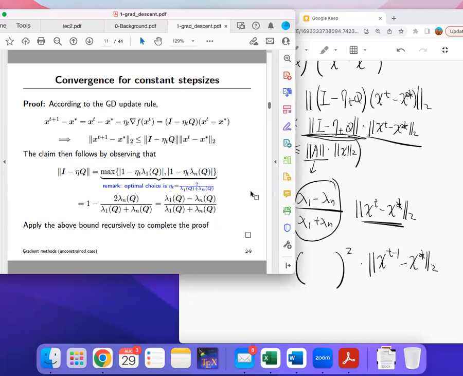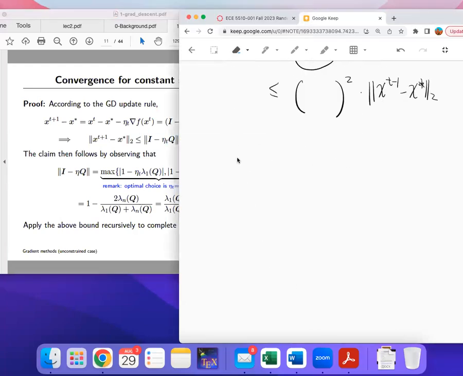I think this value basically says, for a matrix, what does this operator norm mean? It simply means I multiply this matrix by any vector that has unit length.